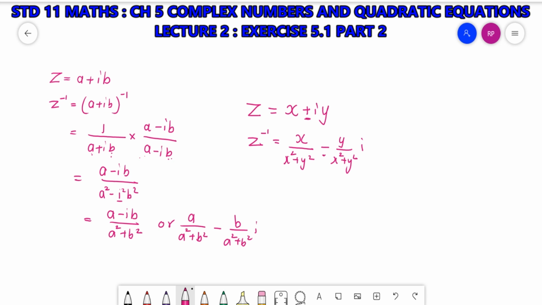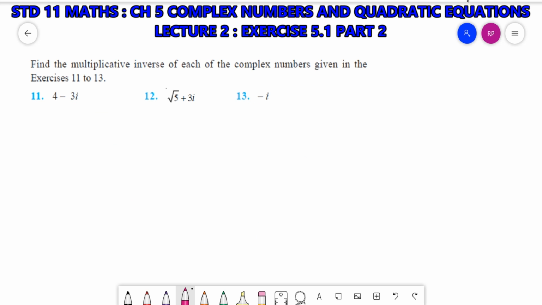Okay, so now let's start with question number 11 of exercise 5.1. Find the multiplicative inverse of each of the complex numbers given in exercises 11 to 13. In 11, the complex number given is 4 minus 3i. So z inverse will be equal to the inverse of 4 minus 3i. We will use the shortcut.